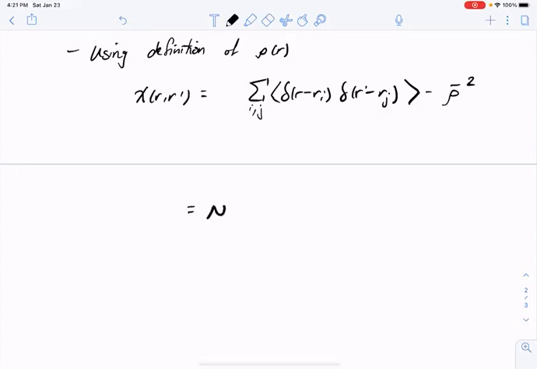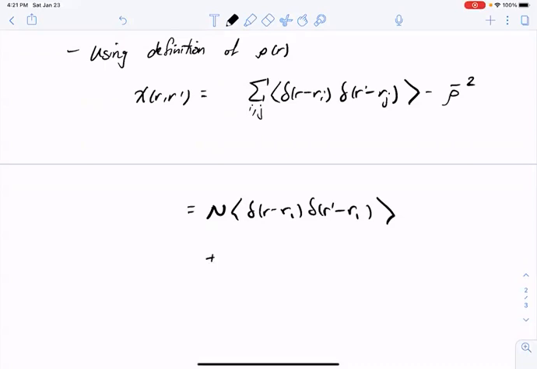There are n terms where i is equal to j. So let's pick one of those out, in which case I'll have a delta of r less r1, if that's the one I decide to pick out, and r prime less r1. That's the i equals j term.